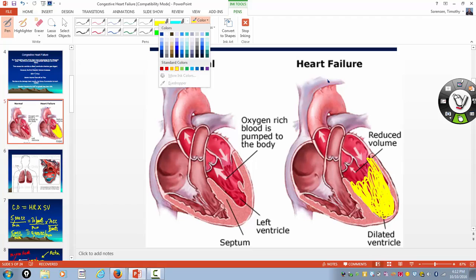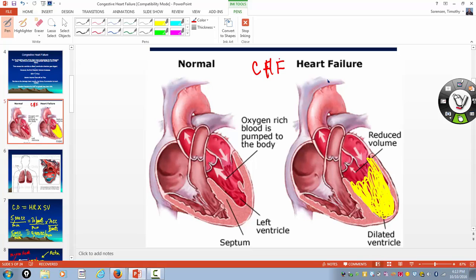So in a person with congestive heart failure, in CHF, in a normal heart, what was the normal end diastolic volume? The normal end diastolic volume was 110 cc's. Now, in a person with congestive heart failure, that ventricle gets stretched out, so the amount of blood it can hold increases.